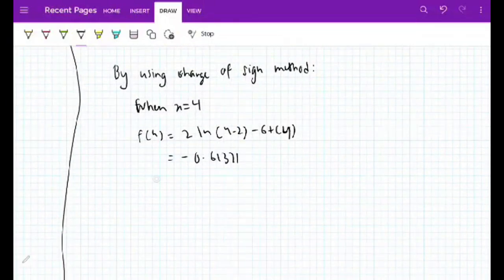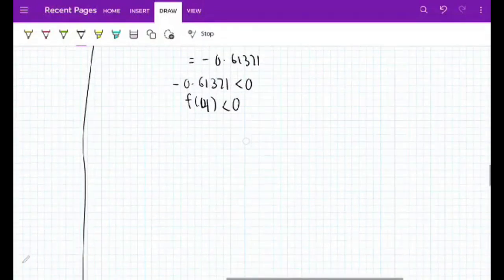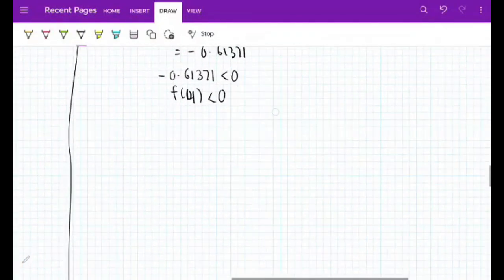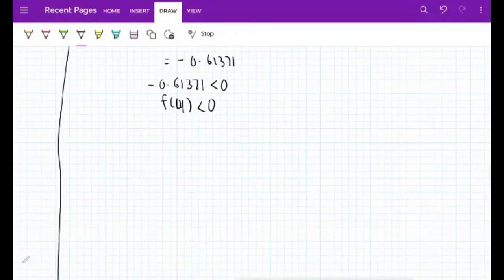Then we make our statement again: negative 0.61371 is lesser than 0, thus f(4) is lesser than 0 as well. Now we know the first value is negative, so we have to make sure the second one, f(5), is a positive value. Let's go for that.